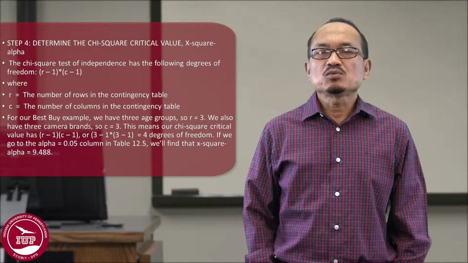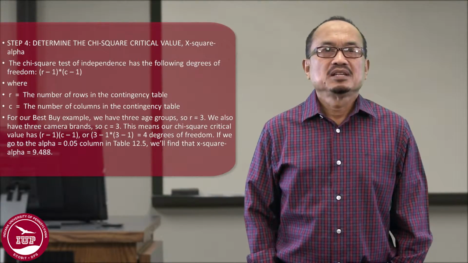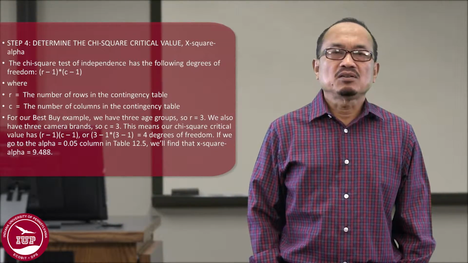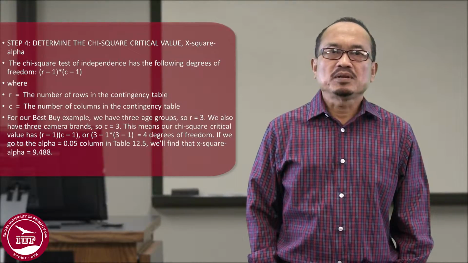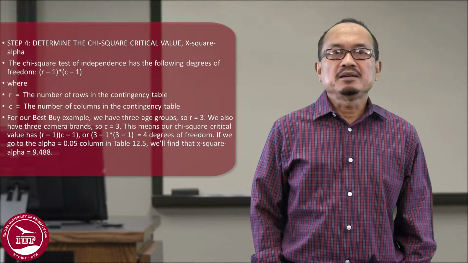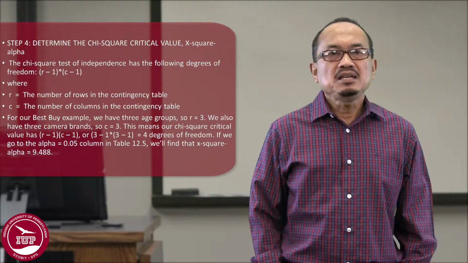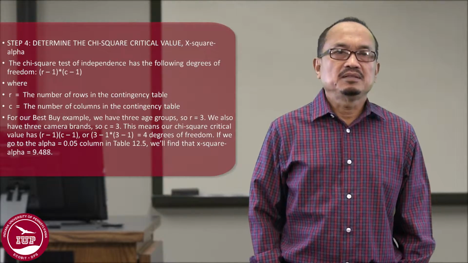Determine the chi-square critical value, or x-square alpha. The chi-square test of independence has the following degrees of freedom: r minus 1 times c minus 1, where r is the number of rows in the contingency table and c is the number of columns in the contingency table.